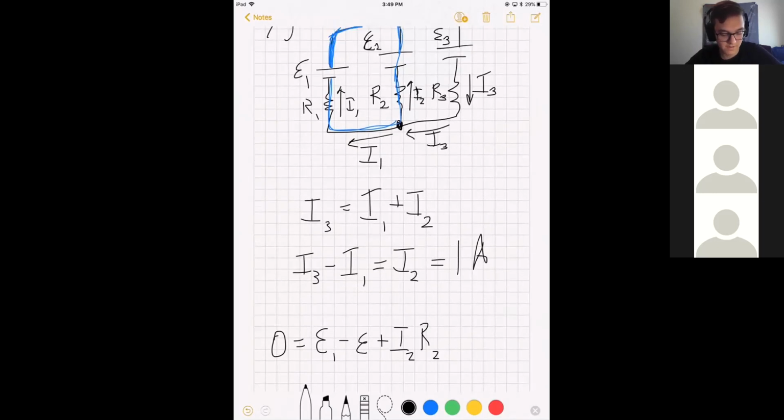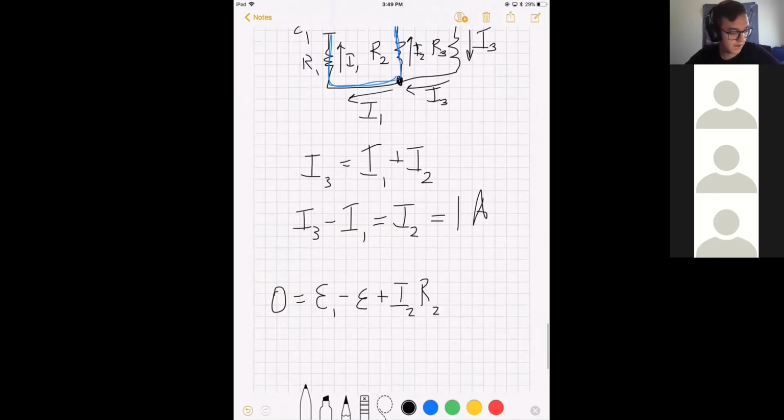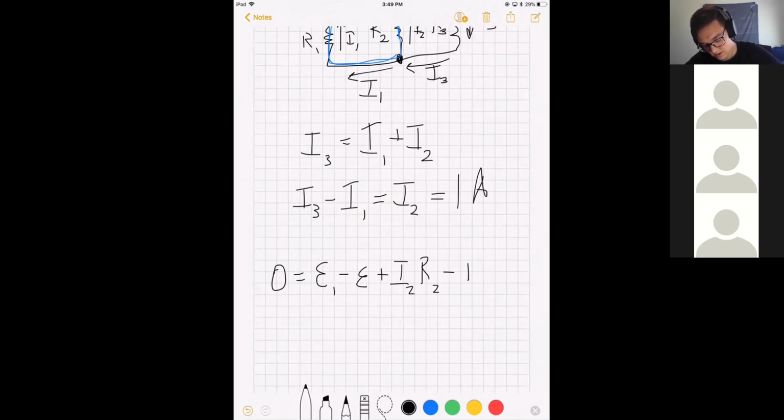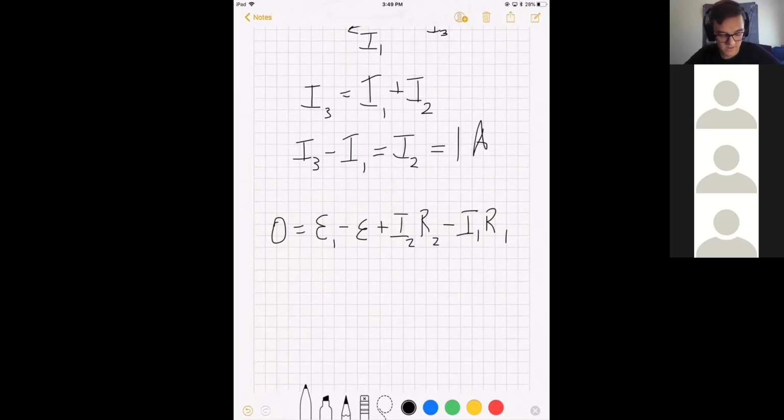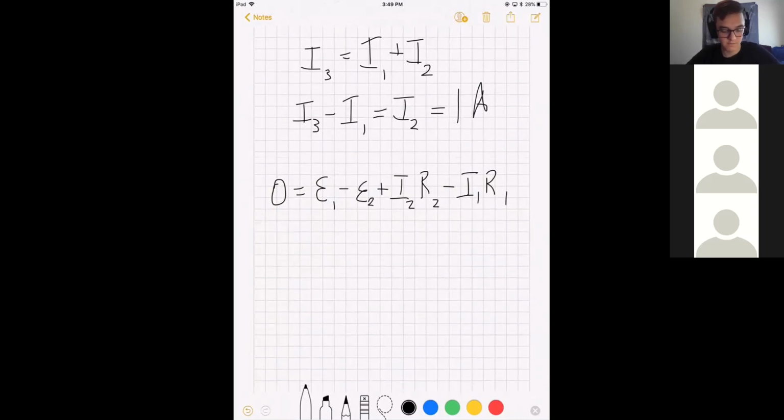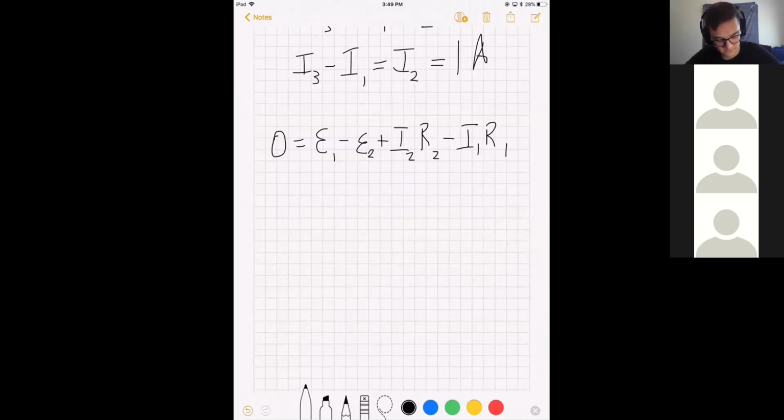And the only other place I have is R1 and I1, and I have a voltage drop right there, so it's I1 R1. So we have this, and we're trying to solve for E1. We're going to do a bit of algebra. We find E1 is equal to E2 minus I2 R2 plus I1 R1.